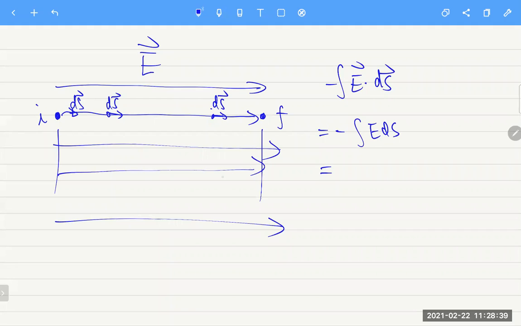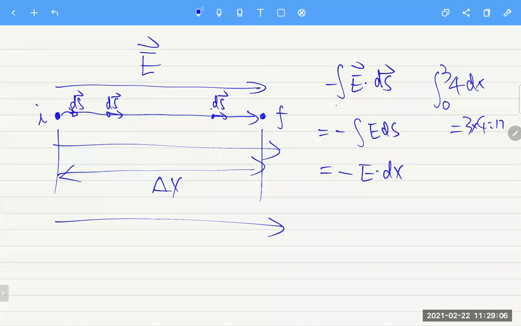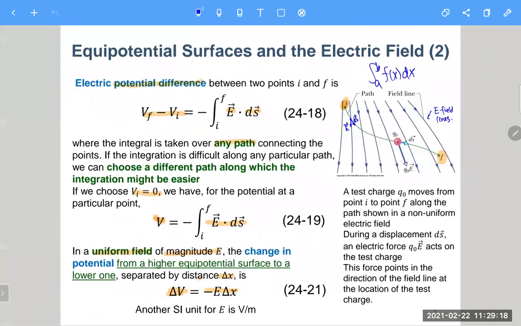It only depends on E times delta x. Like integrating a constant from 0 to 3, it is 3 times 4, which is 12. When you calculate a line integral and the path is a straight line, it reduces to a 1D integration. This is what you should have learned in high school.